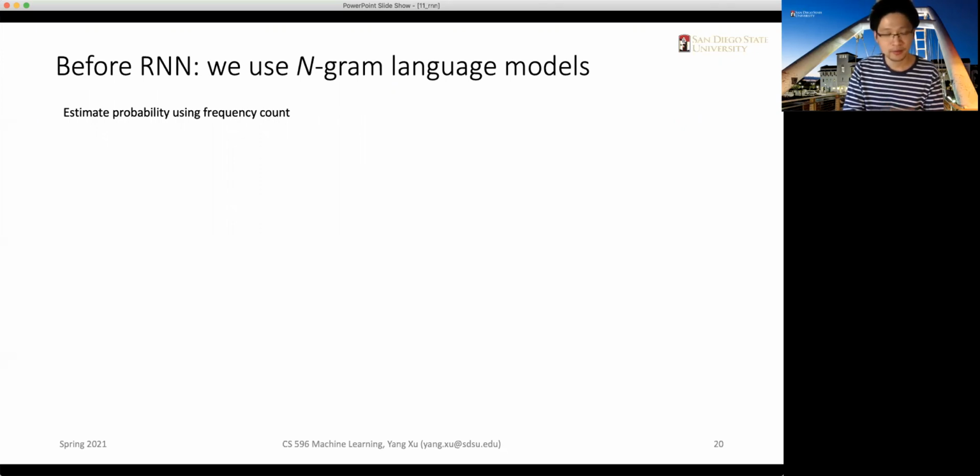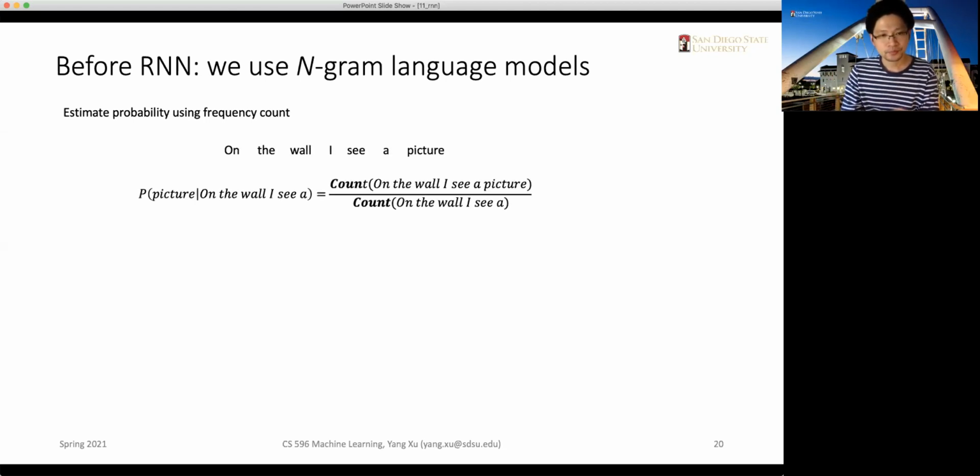Same thing for words, right? If you want to measure how likely I'm going to say the word language, you look through the whole corpus and count how many times the word language has appeared, and use that quantity to estimate the probability, right?